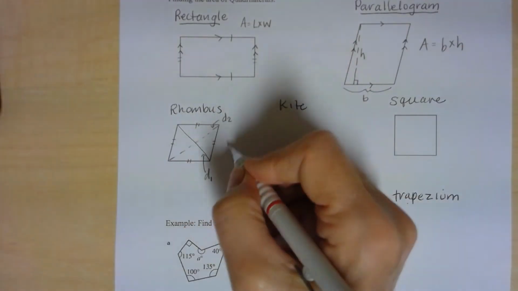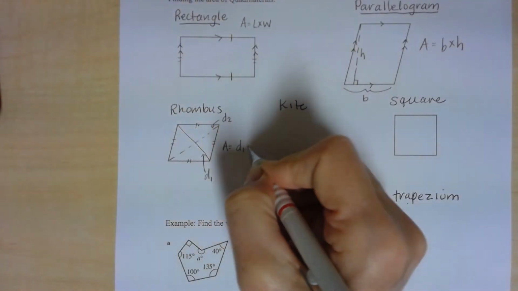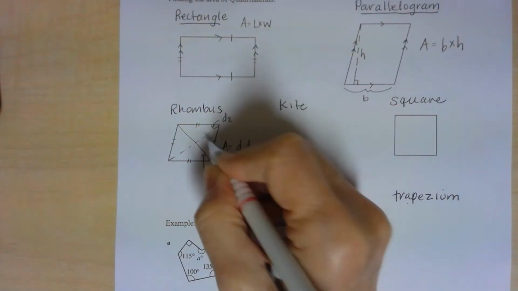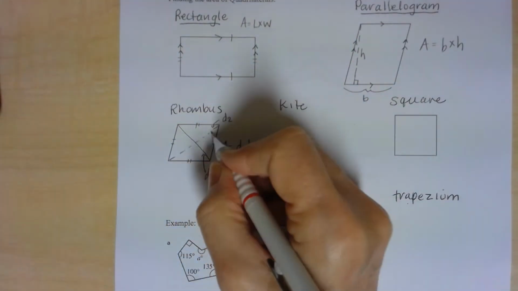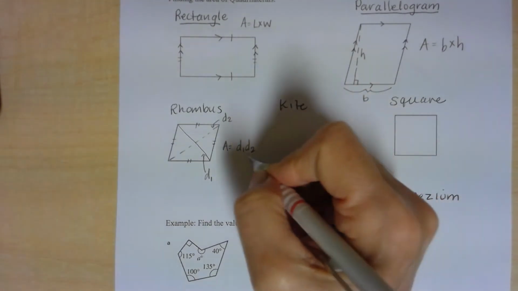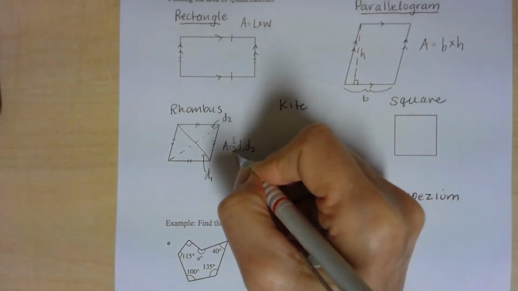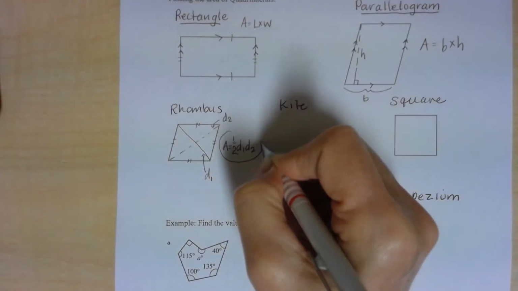If I multiply those together and take 1/2 of that, it will give me the area of a rhombus.